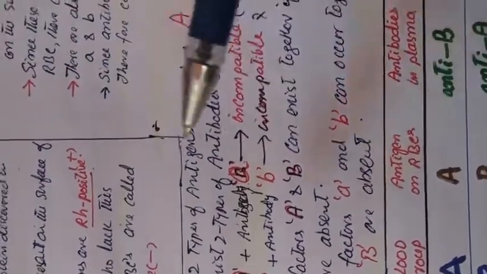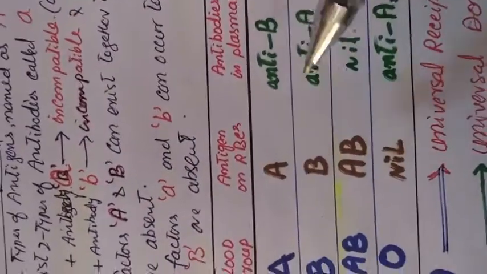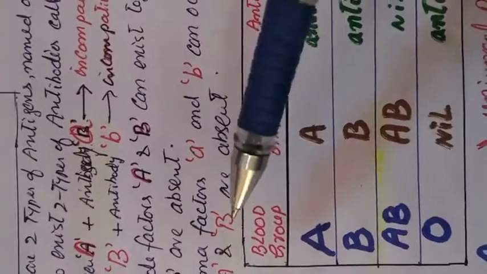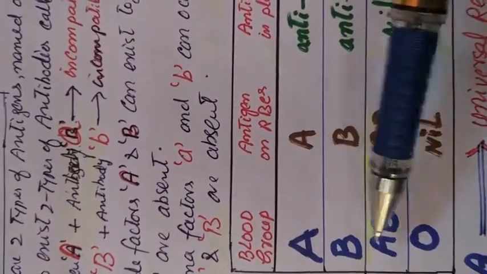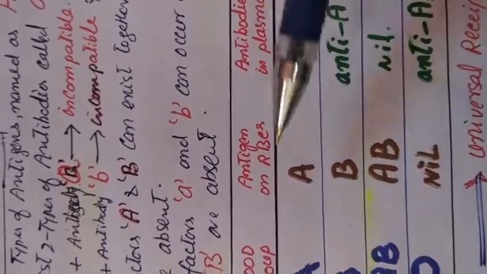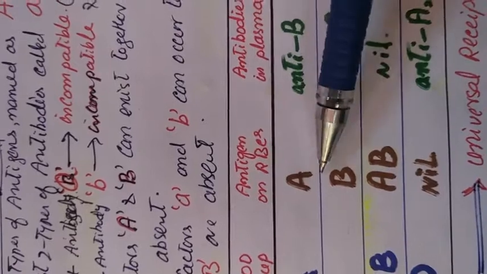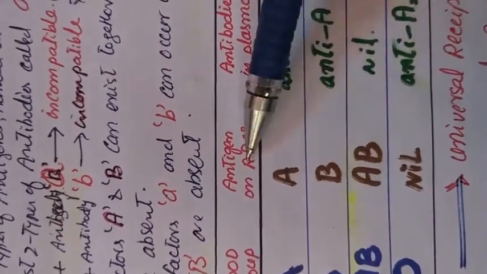Now you can understand this complexity from the table given below. There are four types of blood groups designated as A, B, AB and O. Blood group A means it has antigen A on its RBCs, and blood group B has antigen B on its RBCs.